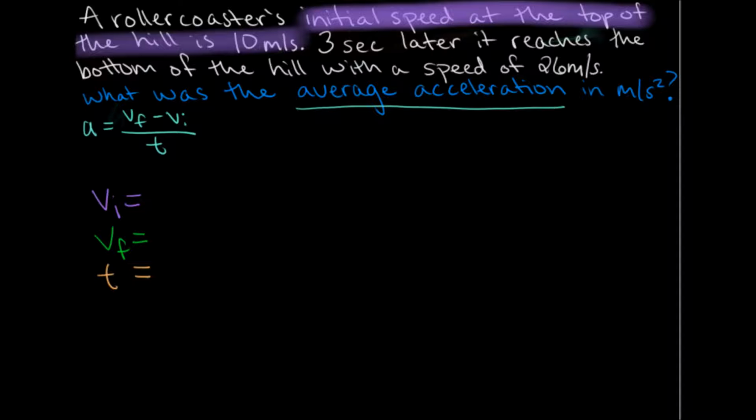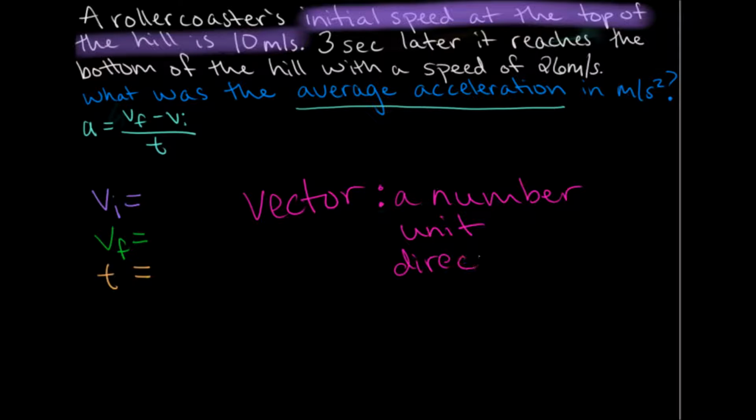A lot of times they use the word speed and then give it a direction because velocity is a vector. A vector is a number that has a unit. So it's a number, a unit, and a direction.